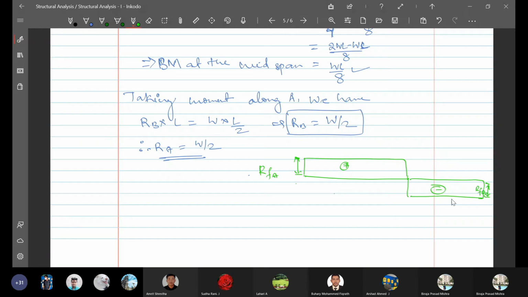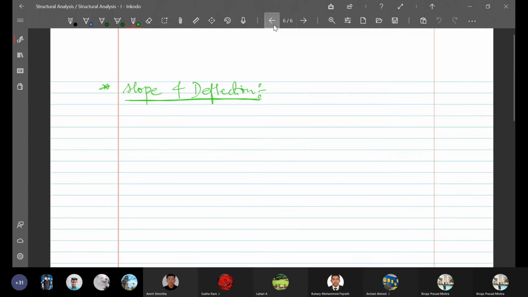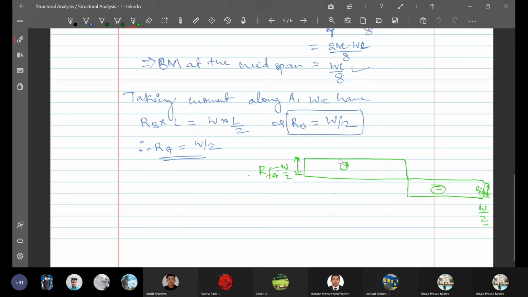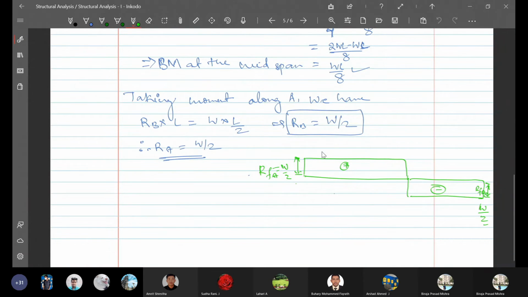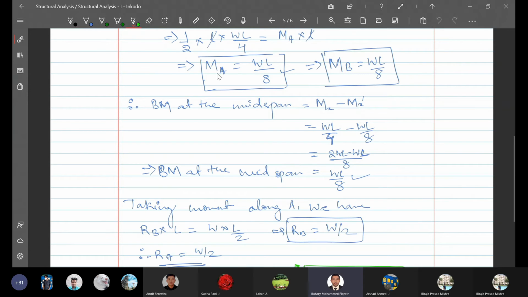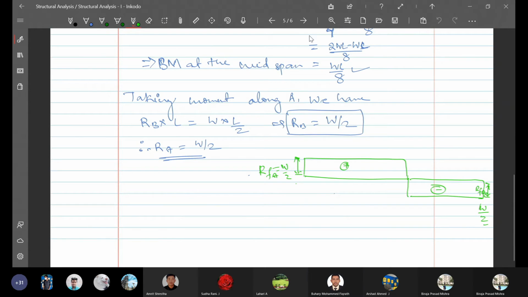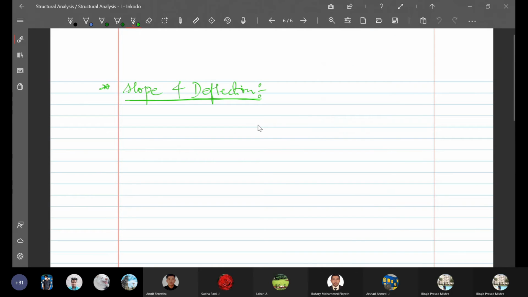This is RFB, this is W by 2, this is also W by 2. Is that it, or anything else you want to ask? No, sir, that only. Okay, so let's go to the next part, that is the slope and deflection.